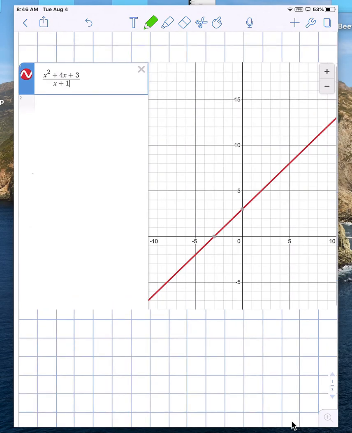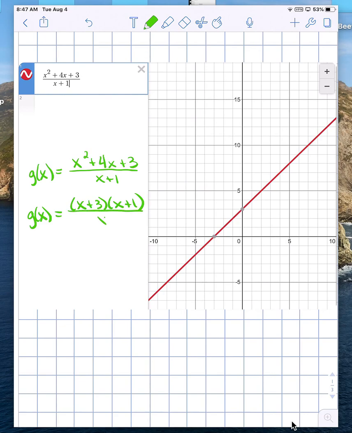So in this case, g of x is x squared plus 4x plus 3 over x plus 1. And I'm pretty sure you explored in pre-calculus, if you factor that numerator, the numerator factors out to be x plus 3 times x plus 1. You saw that those two factors are the same.